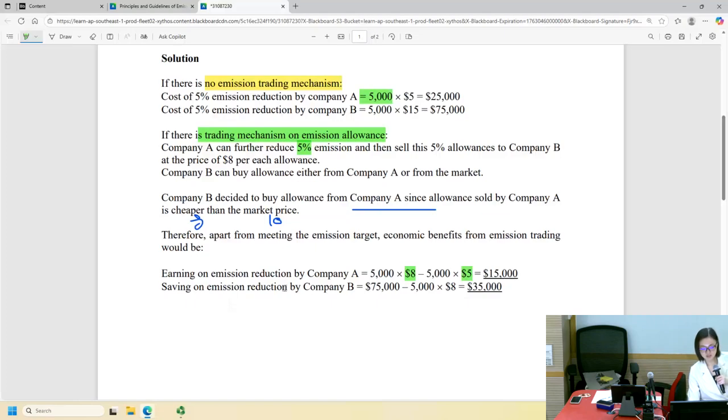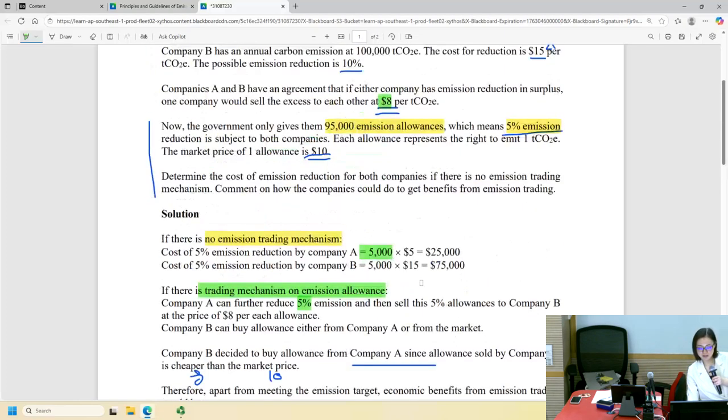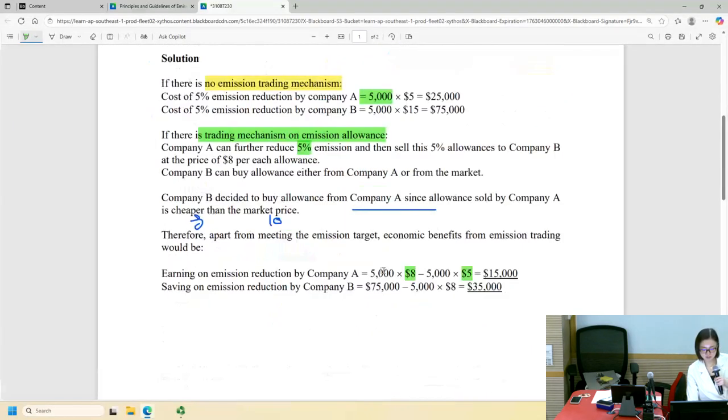And saving on emissions reduction by company B. So instead of paying $15 per ton of reducing the emissions, now they only need to buy from company A. Earlier this is the charge, but now you don't need to pay $15 per ton, but only $8 per ton. So this is the amount of saving on emissions reduction by company B.